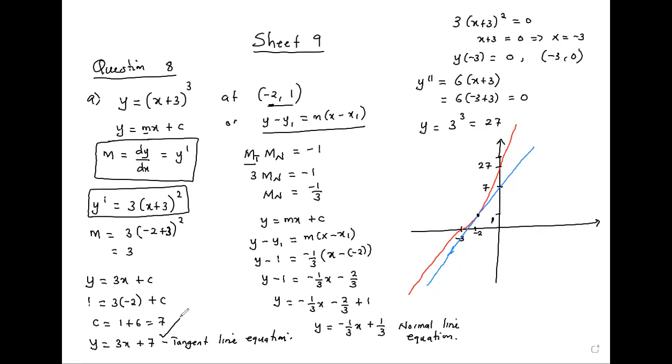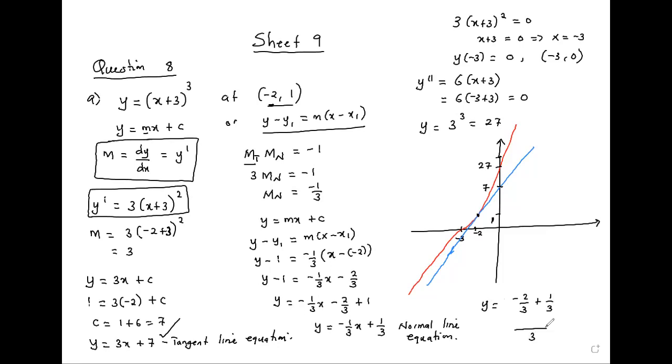When x is -2, what happens when x is -2? We just try. So we have -2/3 plus 1/3.